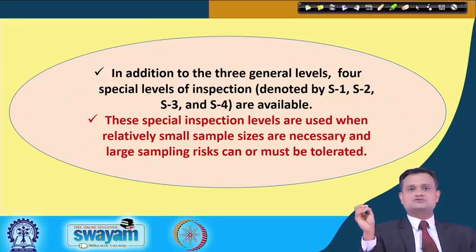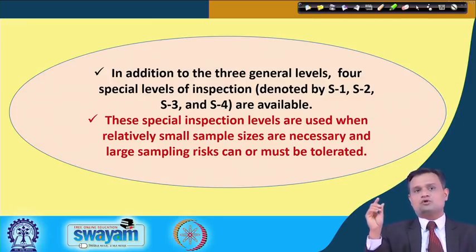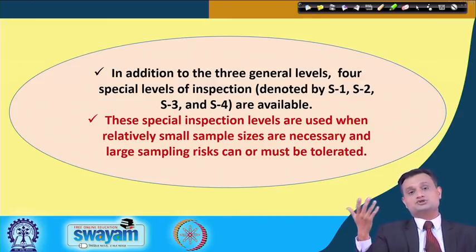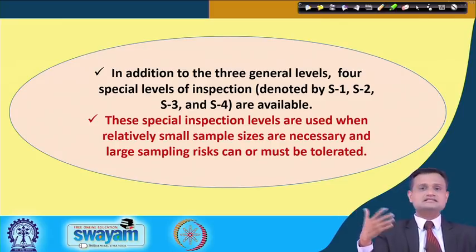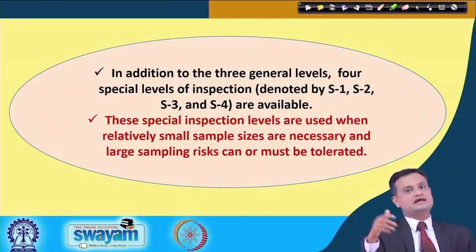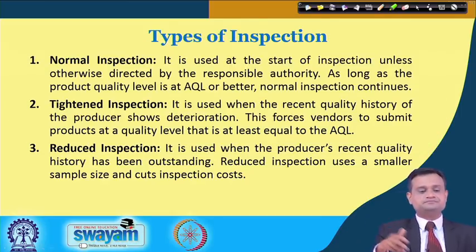So, this special inspection level is typically used when relatively small sample sizes are necessary and large sampling risk can or must be tolerated. When this condition prevails, you go for these 4 special levels of inspection, S1, S2, S3 and S4, in addition to your general level.